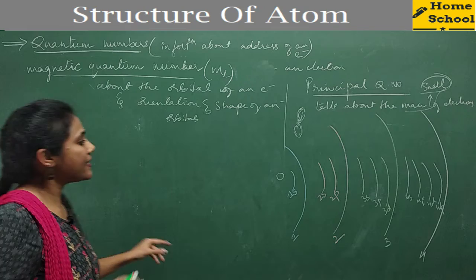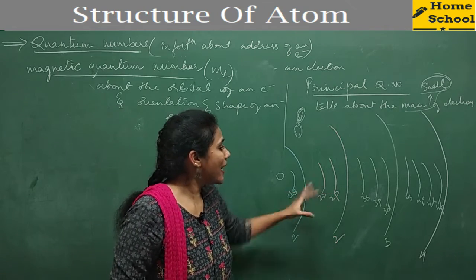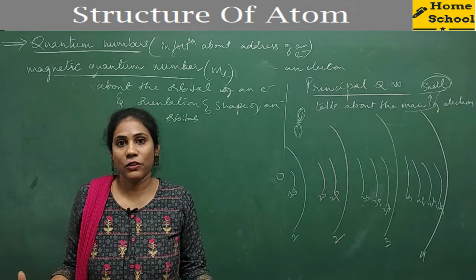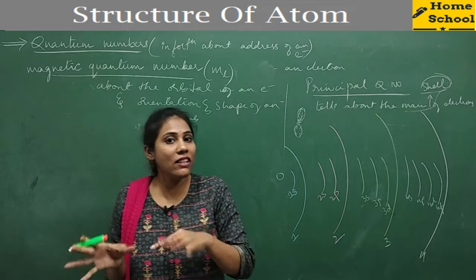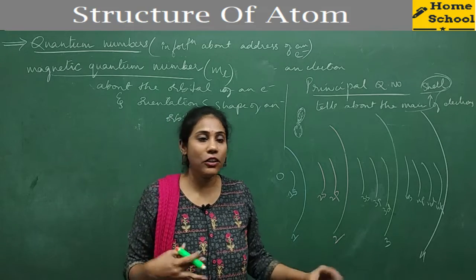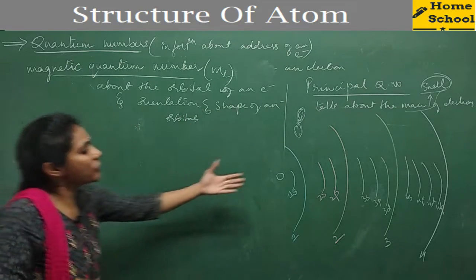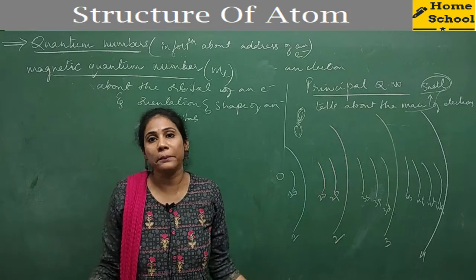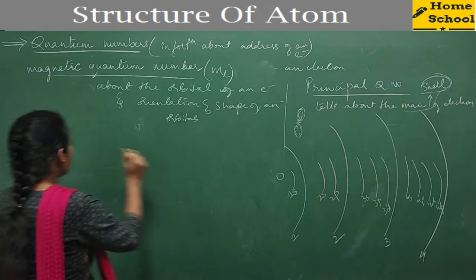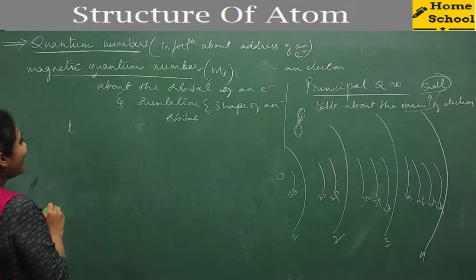Okay. Now let us see, each and every subshell has certain orbitals. Inside the orbital, our electron is staying. So let us see which subshell has how many orbitals. Fine. So the subshell is designated with the letter L, right?